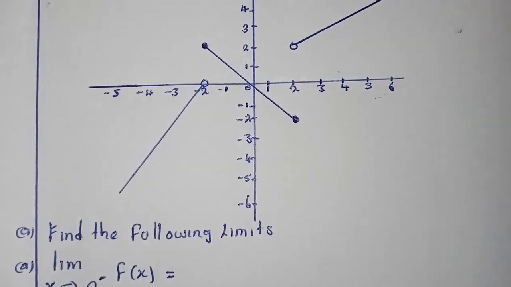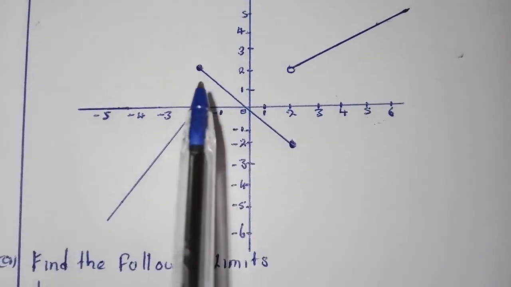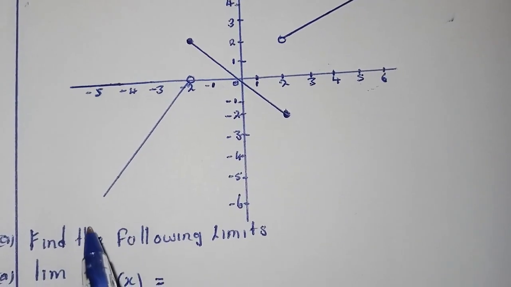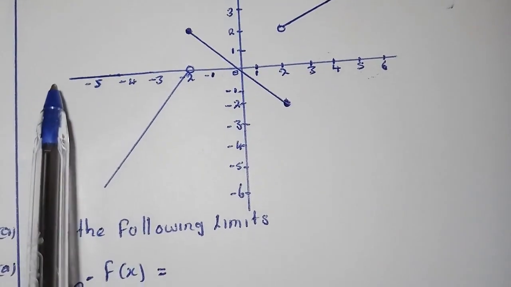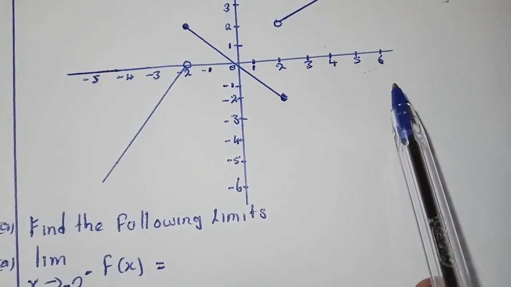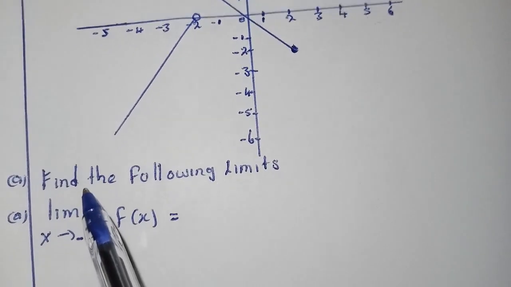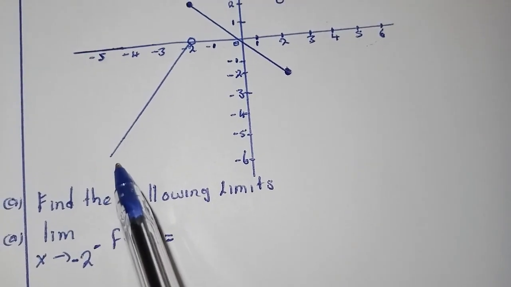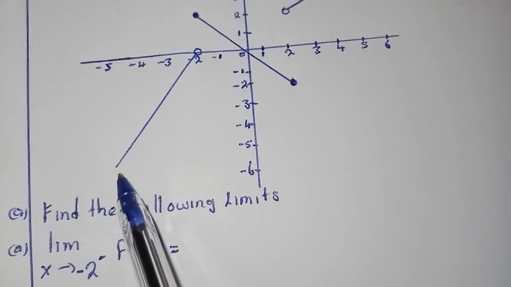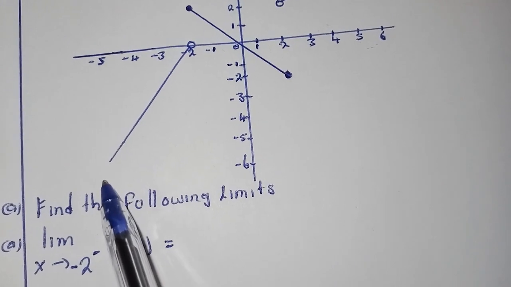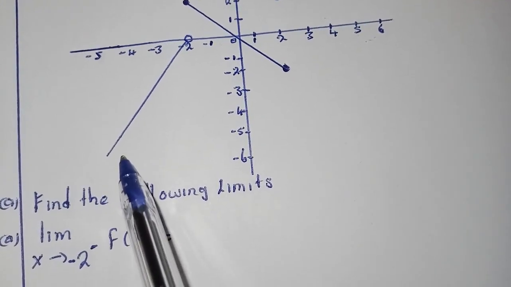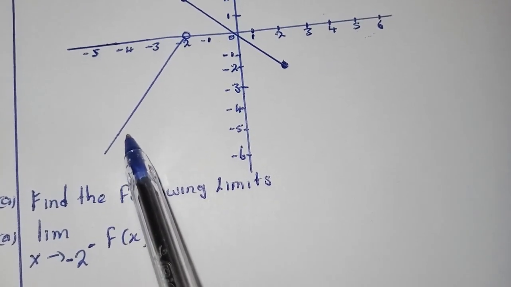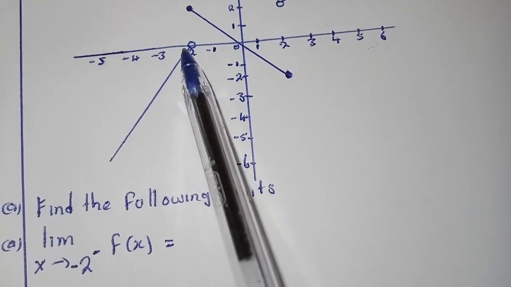So I'll go on my graph. The left hand side is from here. I'll pretend and imagine that this is my rope. So this is my left hand side. I'll climb the rope. I begin to move like that.